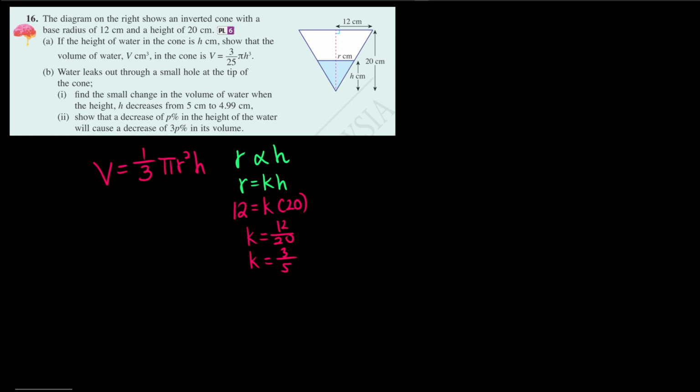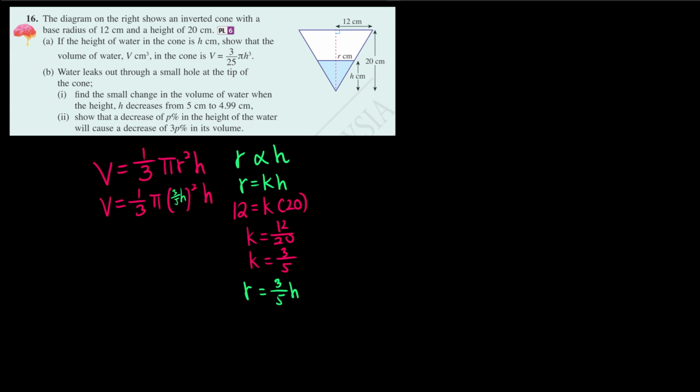So we can now write r as 3 over 5 h, which we can substitute into our equation to get rid of r. So let us do it now. V is equal to 1/3 pi r squared h. But what is our r now? Our r is going to be 3 over 5 h.